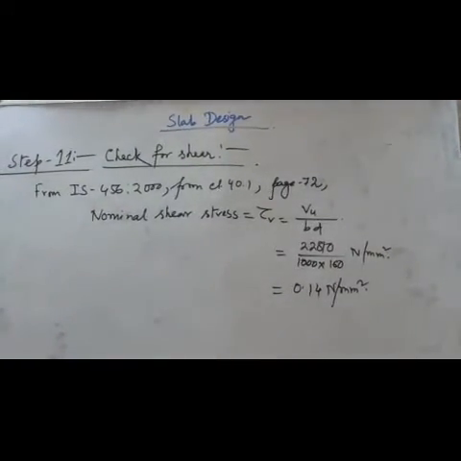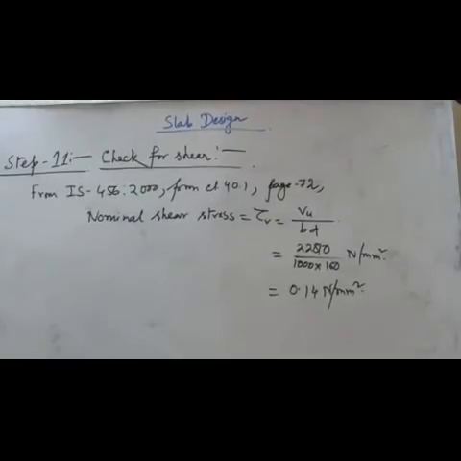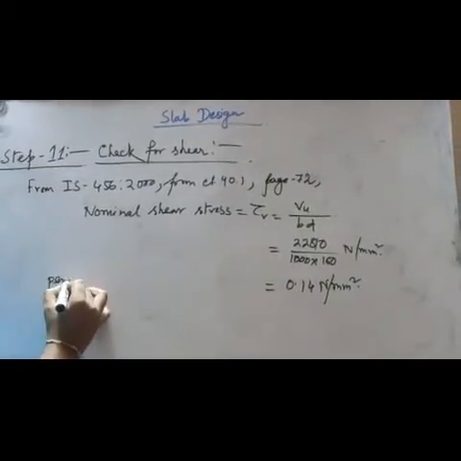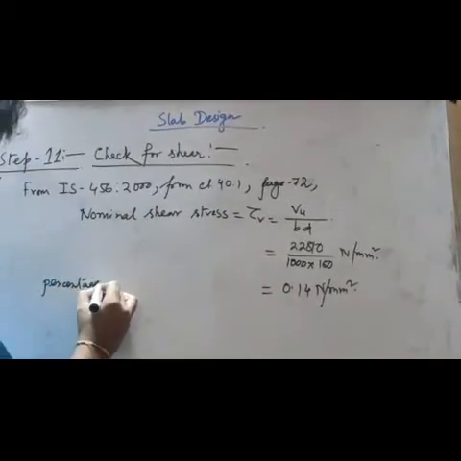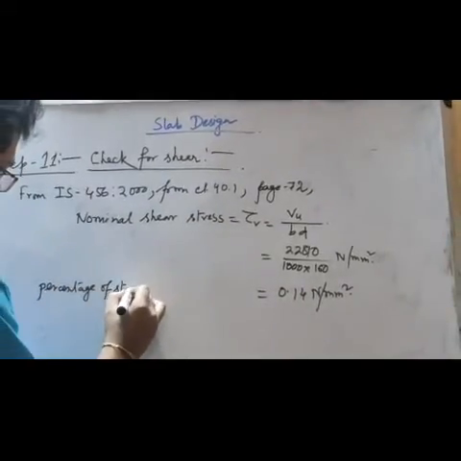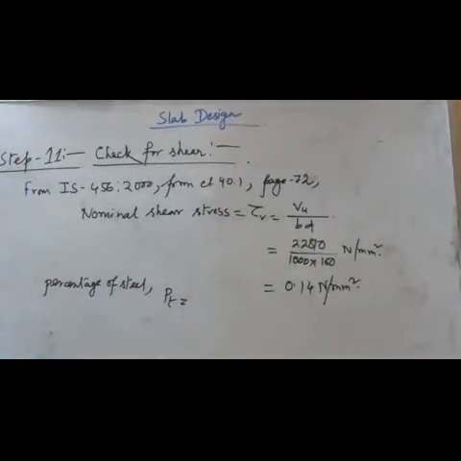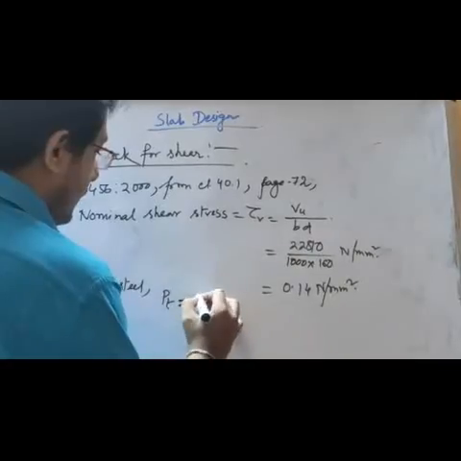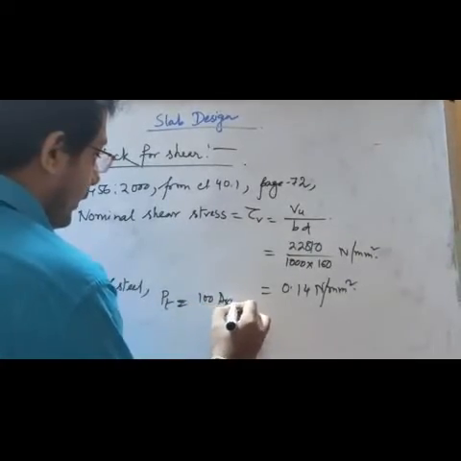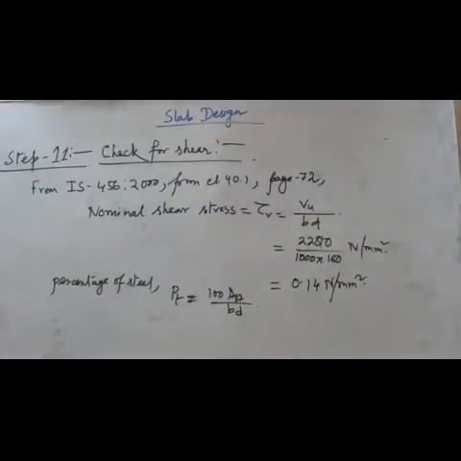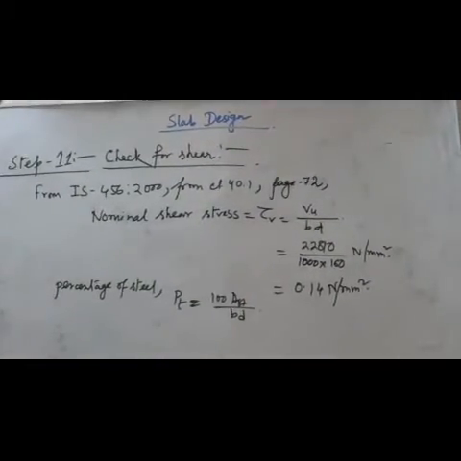Now you have to calculate the percentage of steel, denoted by PT. PT equals 100 AST by BD. It is the formula of percentage of steel.